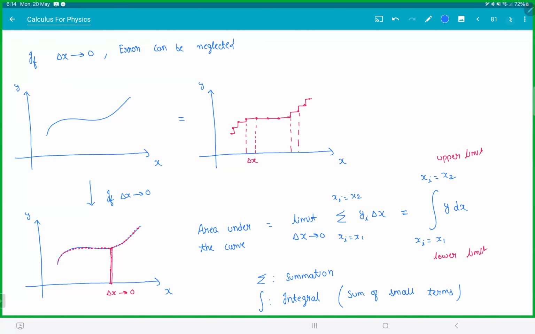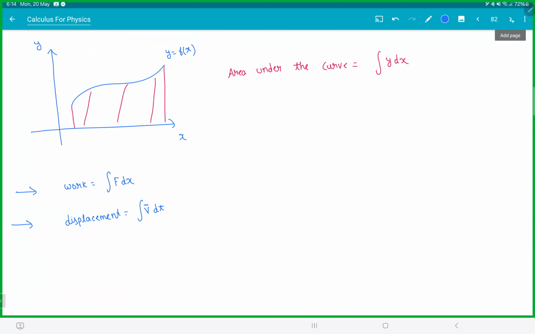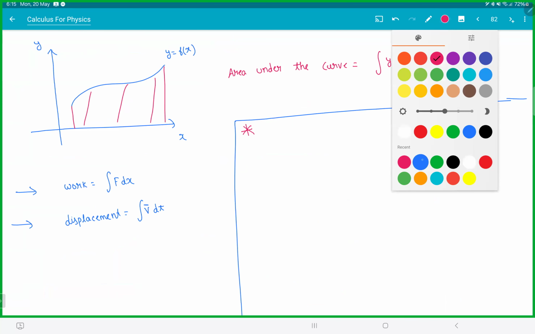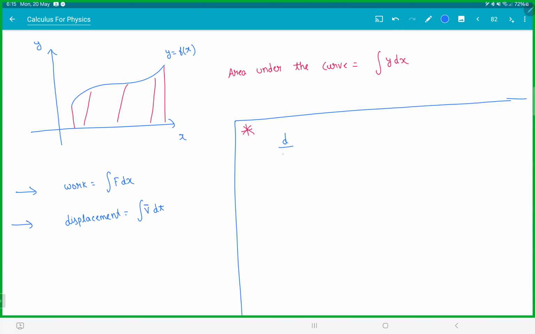Now, this integral is also called anti-differential. Now see, if you differentiate an integral, this is a pretty neat idea. Think about it. If you add something and if you break it, what do you get? You get the function back.